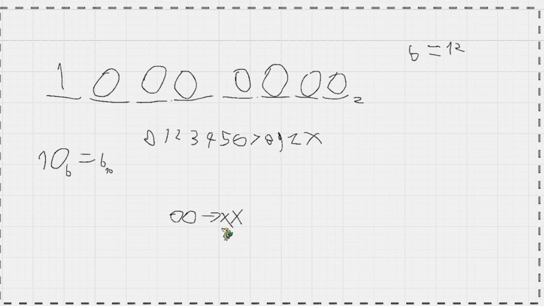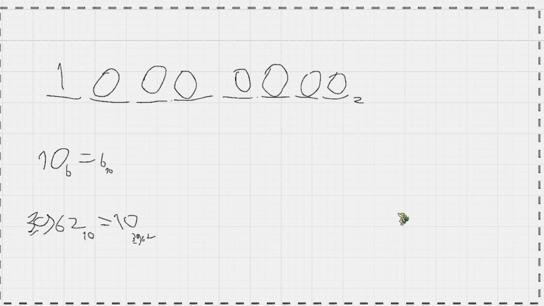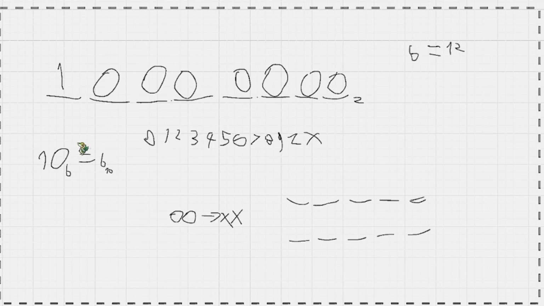It's 11 12s and 11 ones. So let me just put in like 5 places here, and label each of them with their value. How to do that? Crap. Get rid of that. Okay, that works.